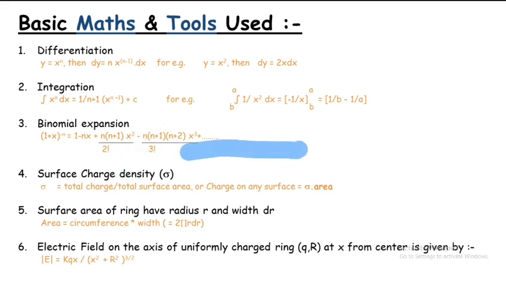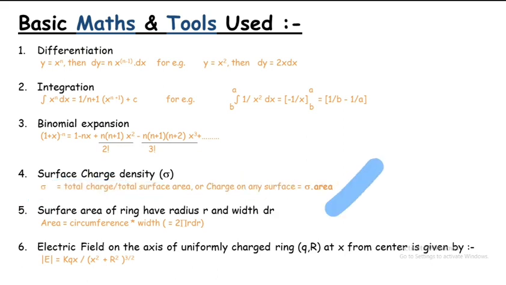Then there is a term, surface charge density. We have studied in our previous lectures linear charge density, which is equal to total charge upon total length, but here surface charge density is equal to total charge upon total surface area instead of total length. Likewise, if we have to find charge on any surface, we just multiply the surface charge density and its area.